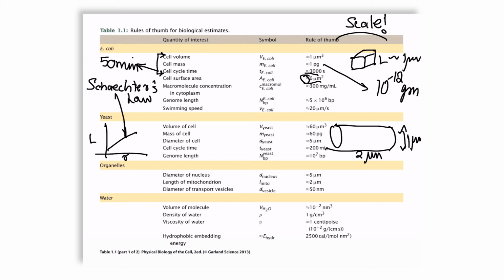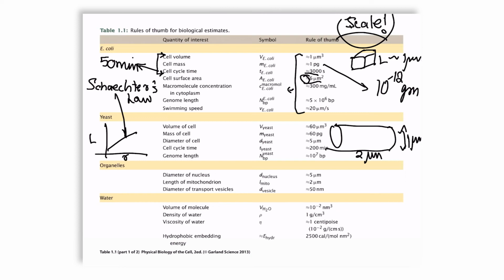Swimming speed is about 20 micrometers per second. We discussed this in the earlier section on fluids. So should you remember these numbers? Absolutely. Why should you remember these numbers? Because as I was discussing, these are telling us about the scale and relative size of things at a cellular level, which in fact for almost no other organism do we have with such detail and such reproducibility.